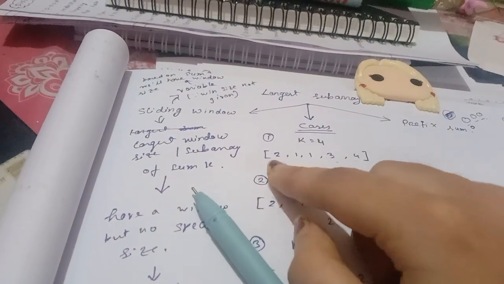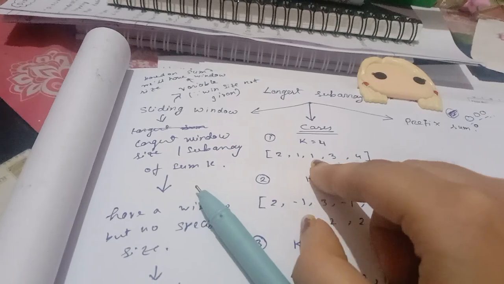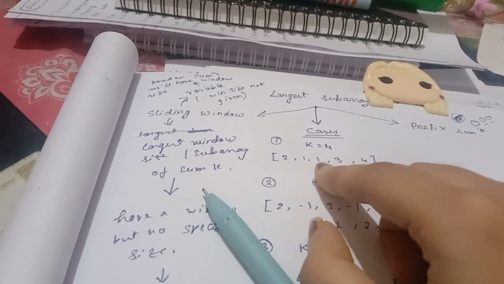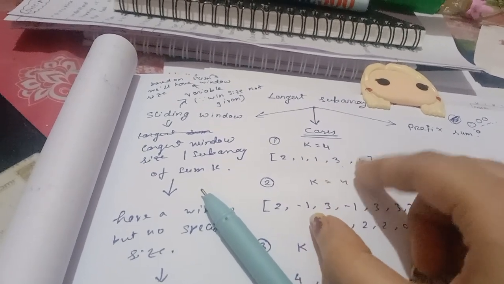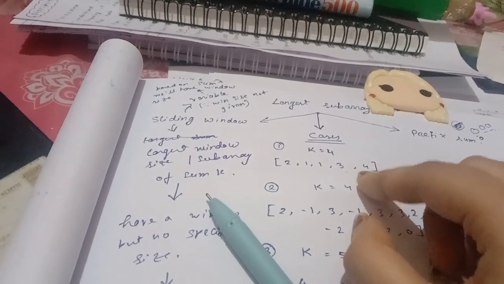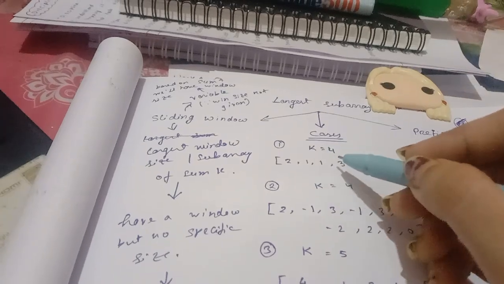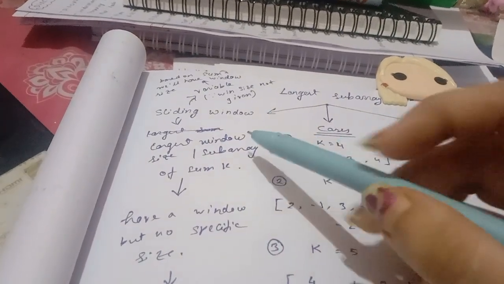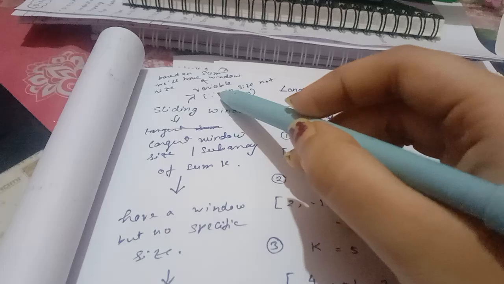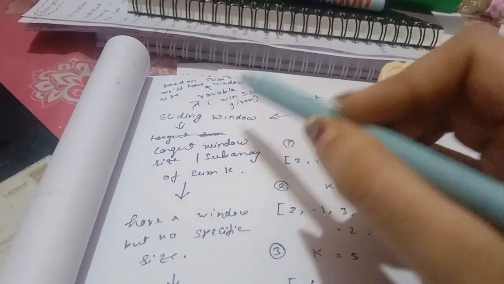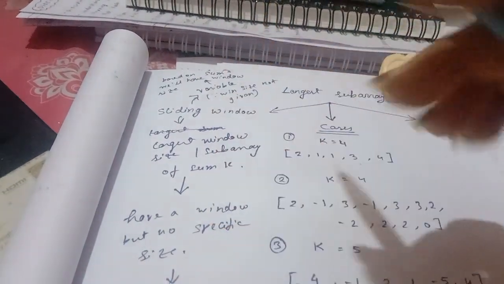In this case the window size is 3, but for this case it becomes 2, and here it becomes 1. In order to get the given sum, that is the k value, we can understand this is a variable sliding window question. So this part also got cleared.